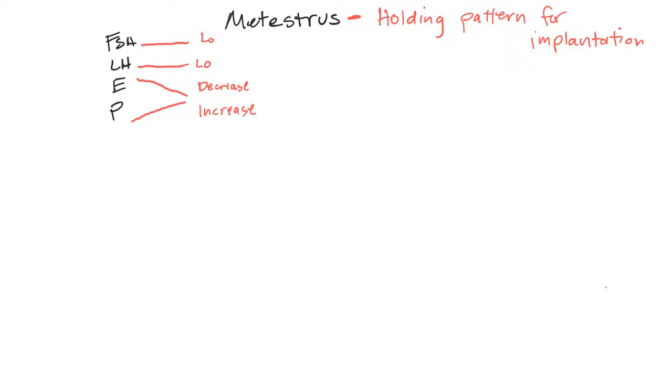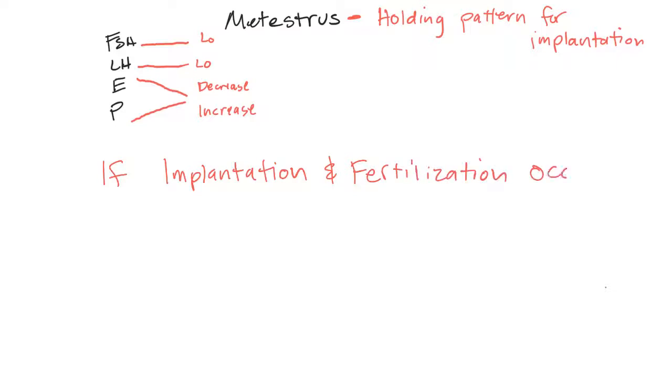Okay? And if implantation occurs, then progesterone will continually increase. Okay, and then you cycle out of estrus and into pregnancy. Okay.